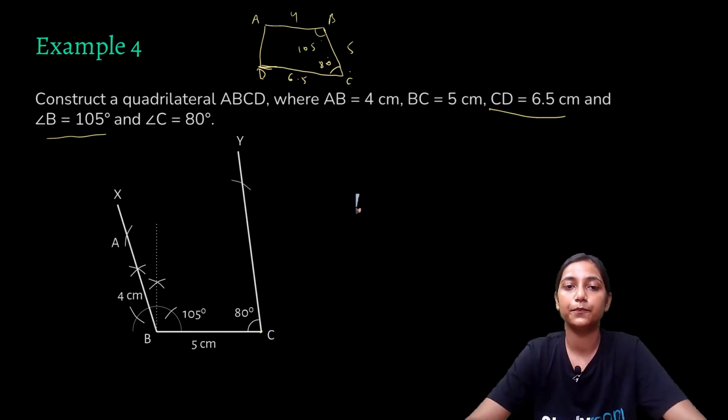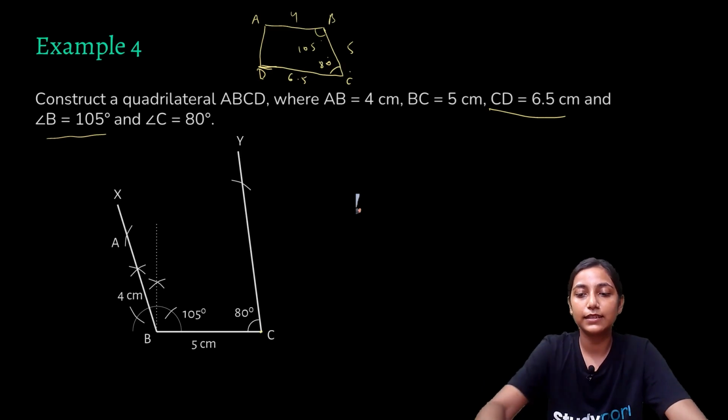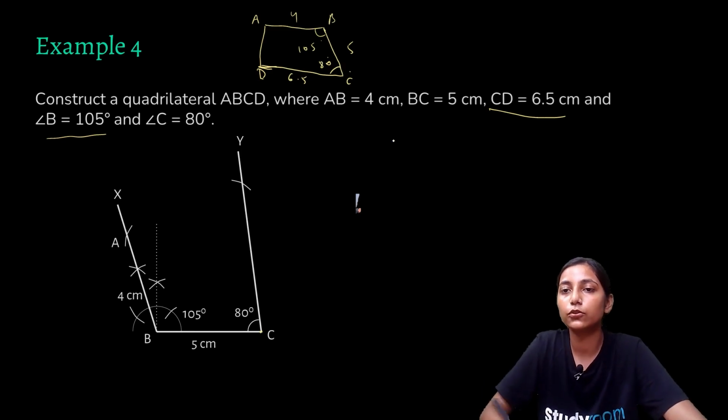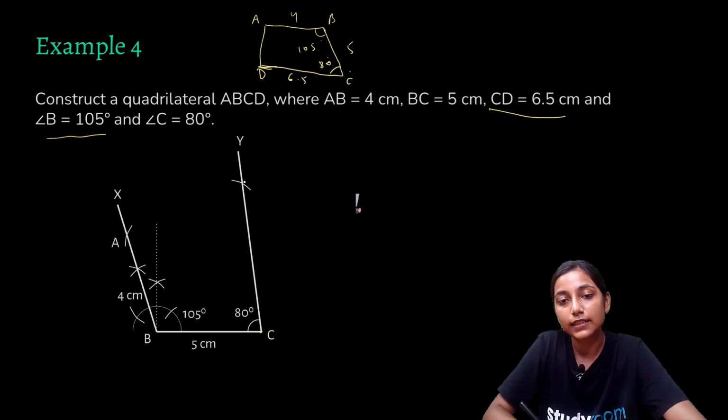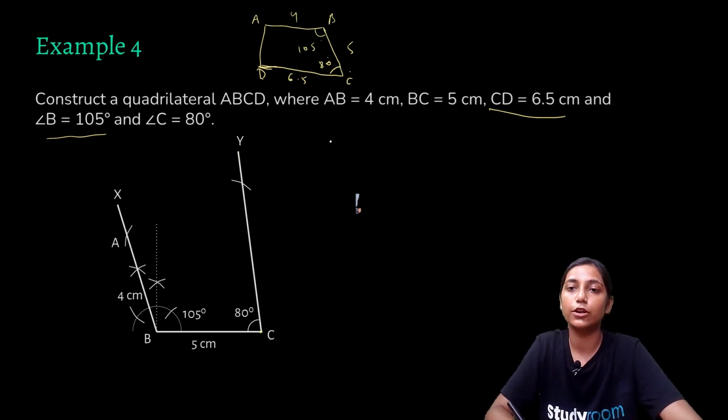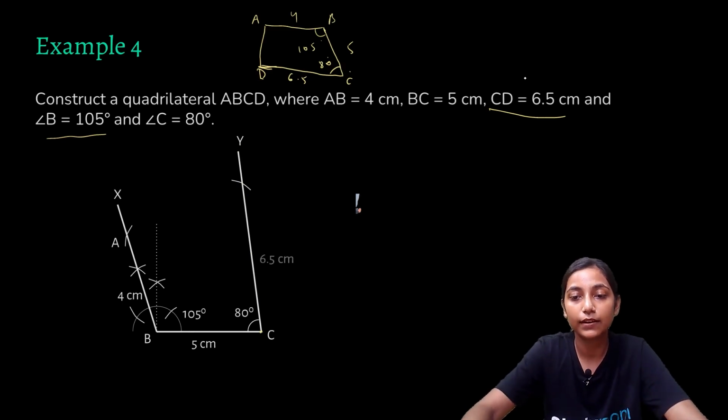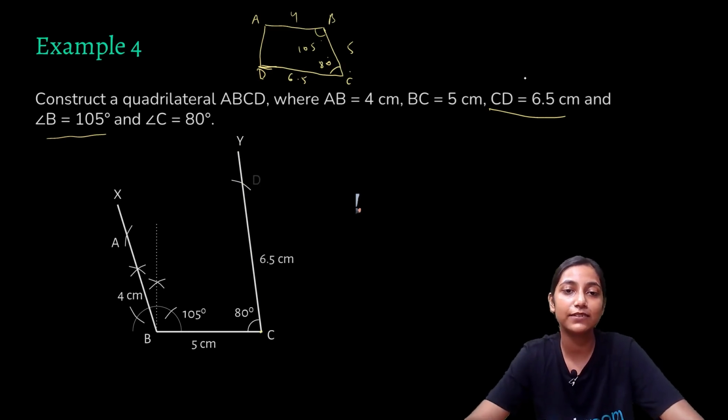Similarly, in the case of CY that I told you earlier, you're going to construct a line of 6.5 centimeters. Take the center as C and draw an arc of 6.5 radius. The point where this arc cuts this line segment, the point of intersection, is going to be our point D. CD will be of 6.5 centimeters.